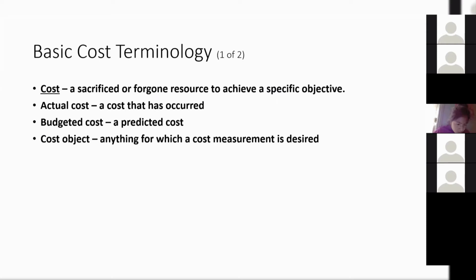Cost object, anything for which a cost measurement is desired. For example, the cost object can be a department, it can be a whole plant, it can be a product. So you're going to assign cost to a specific cost object. And managers use cost information in 2 main ways. They use it when making decisions.